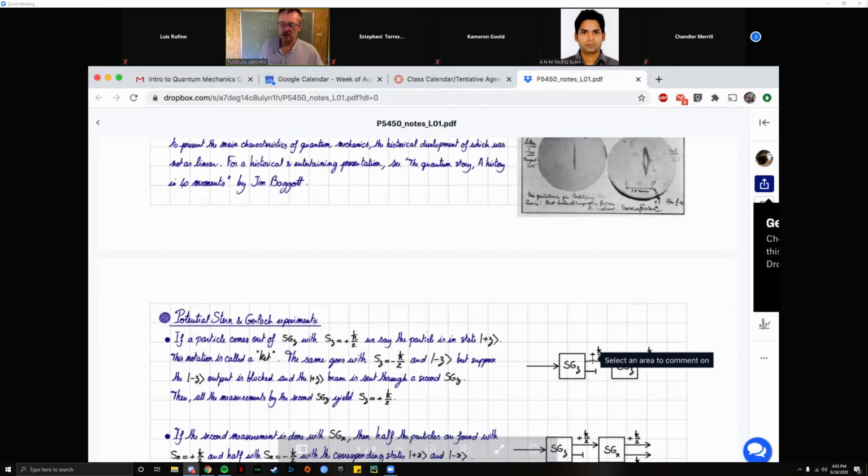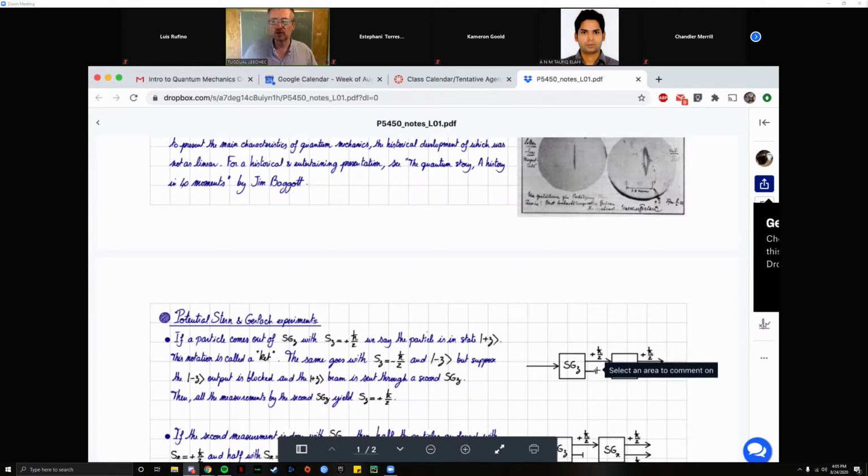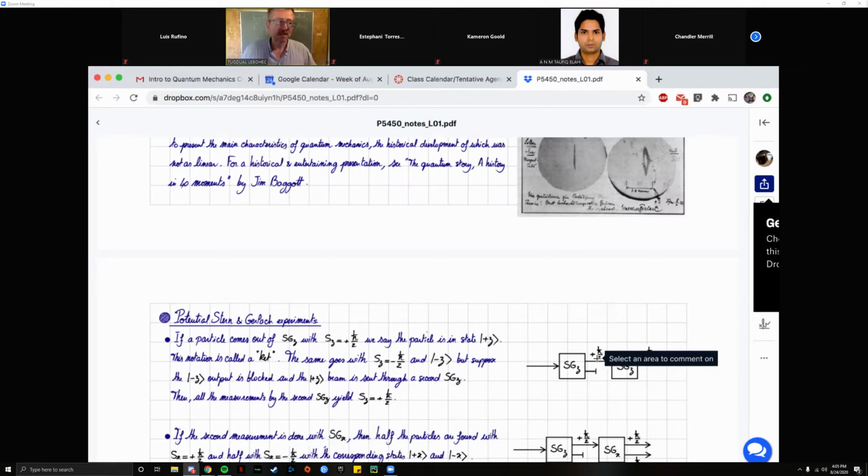And what we could do is, for example, block those atoms that are found to have angular momentum pointing down. Those atoms that are pointing up, we would send through a second Stern and Gerlach apparatus, which would also be measuring the Z component, deflecting up those particles with angular momentum pointing up and down those with magnetic moment pointing down.